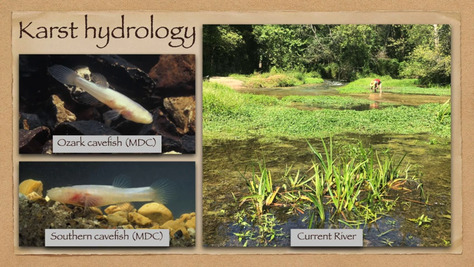Fascinating aquatic plant communities are also supported by the cool water outflows of spring branches, as shown on the right, where a spring branch meets the Current River. We don't have time to go deeper into these subjects tonight, but we think there's just no way to really fully appreciate ecology without considering hydrology and therefore geology.